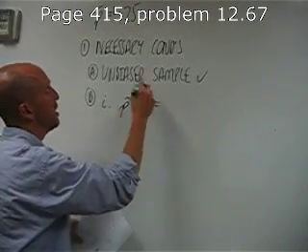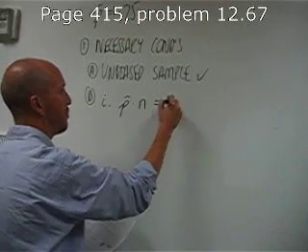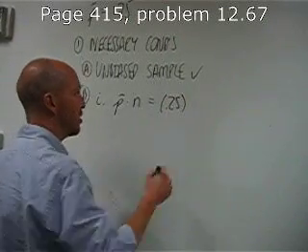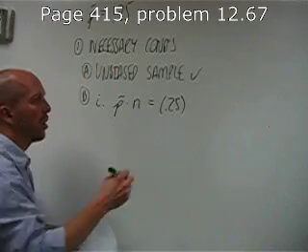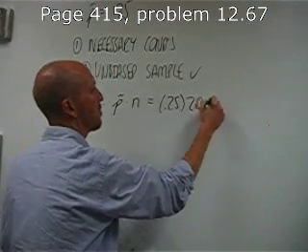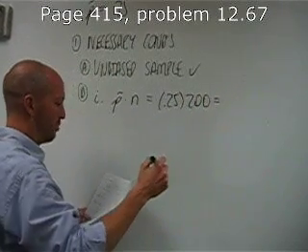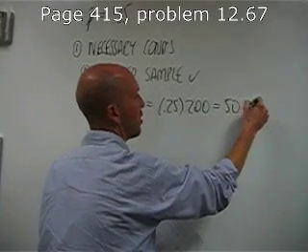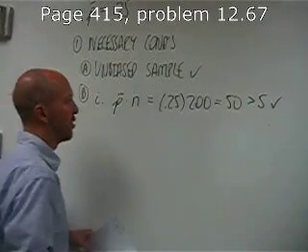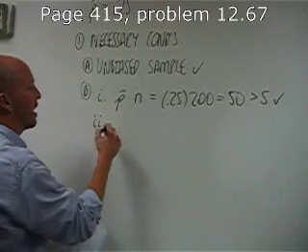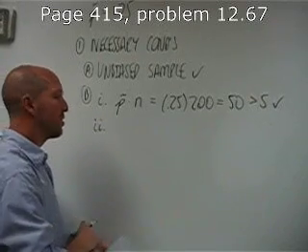So here we said P tilde is 0.25, and the question says the officer is looking at 200 cars, so n is 200, and that number comes out to 50, which is greater than 5, so that checks off okay.